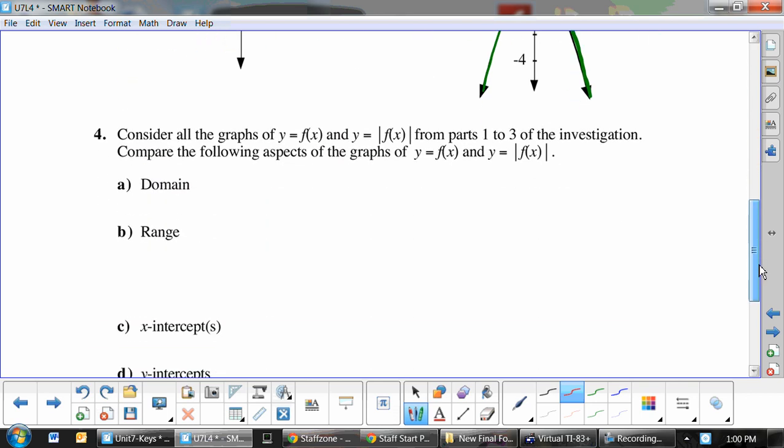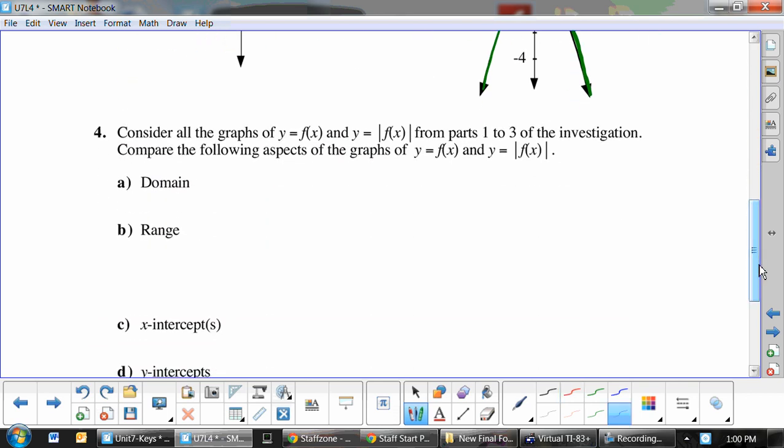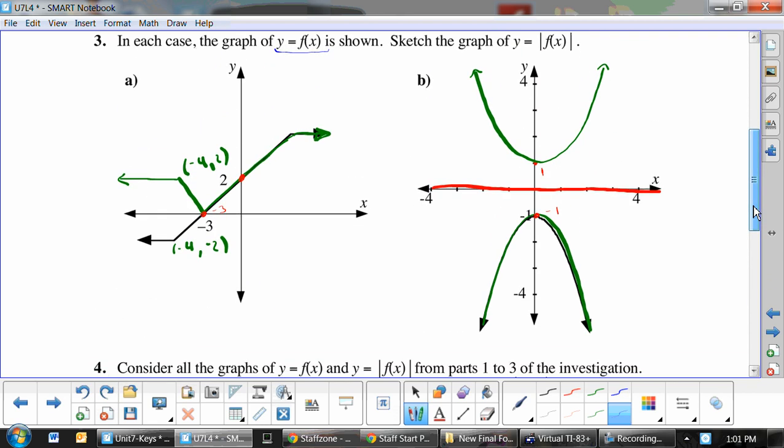Okay? Some notes. Okay, so in case you can't remember, we know that domain is all the x's, and the range is all the y's. Okay? So when we do a reflection, does the domain change at all?